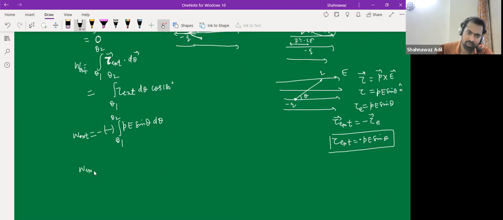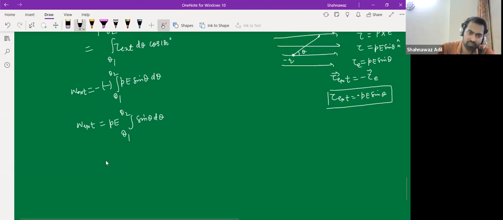So work done would be theta 1, theta 2, PE, uniform, integration of sine theta, d theta. So what is the integration of sine theta? Yes, minus cos theta, right?